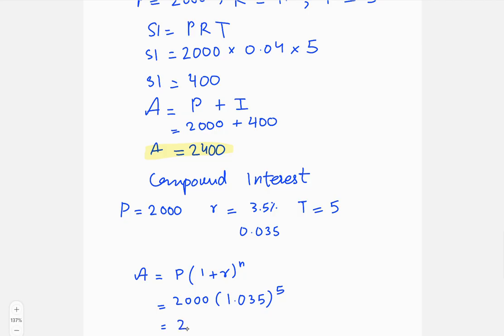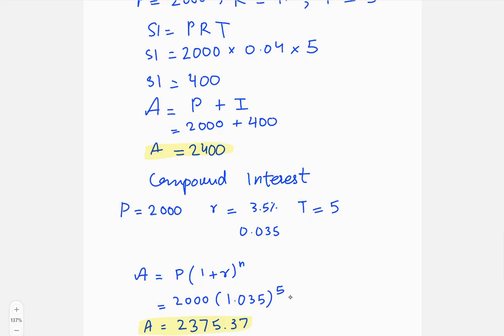And you're going to get 2375.37. So this is the amount you're getting for compound interest. Now this one is giving you a smaller answer than simple interest, and the reason is because you have used a rate less than 4%, because in simple interest you used 4%, here you're using 3.5%.